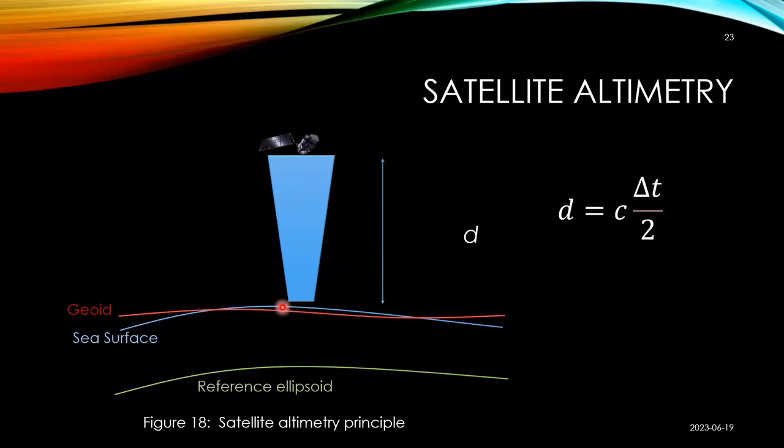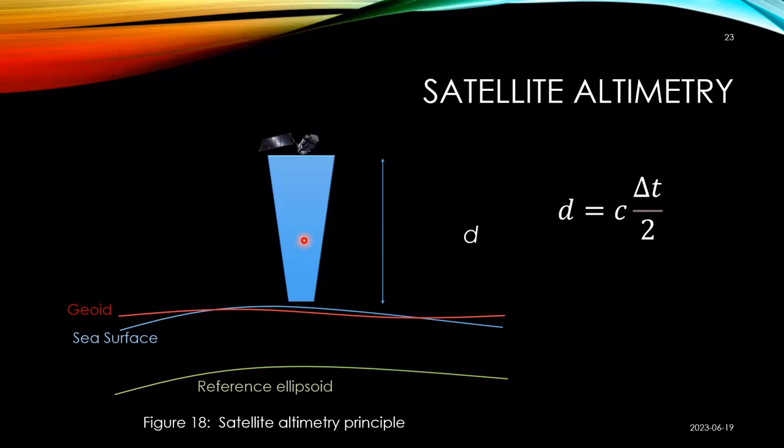In that case, by subtracting these two and taking the derivative, for example towards north and towards east, we can see how the water moves. Or we can measure the geostrophic currents, and also we can determine eddy currents out of that for oceanographic purposes.